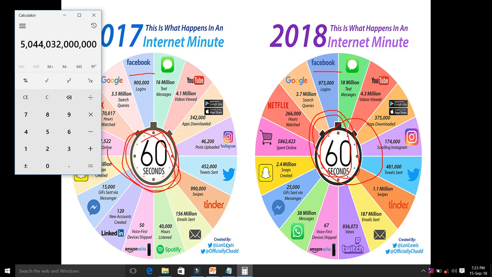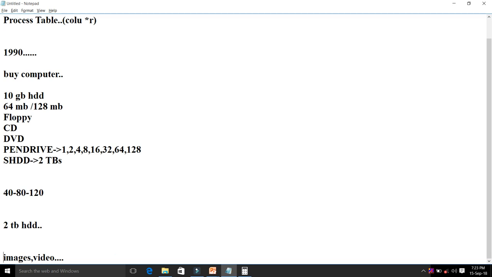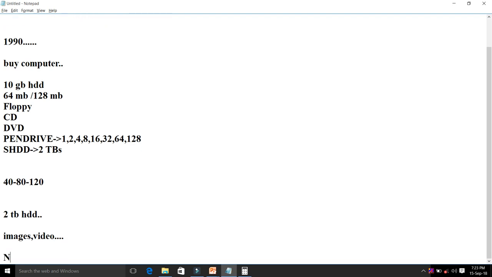So the answer is no. The answer is no, because an RDBMS is not able to process this kind of data. This is the big problem. To process this kind of data which is generated frequently, fluently and with uncertainty.